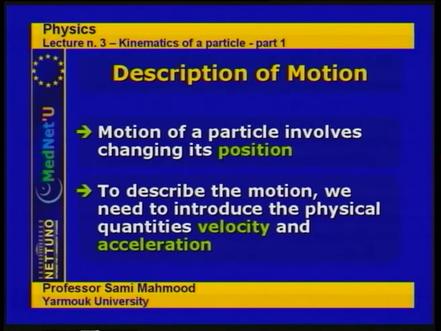What are the parameters that we need in order to describe the motion of a particle? When we speak of the motion and we want to classify the motions, compare the motions, and describe the motions, we have to rely upon some parameters.